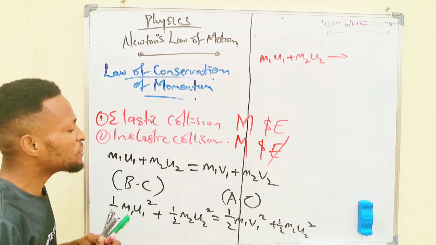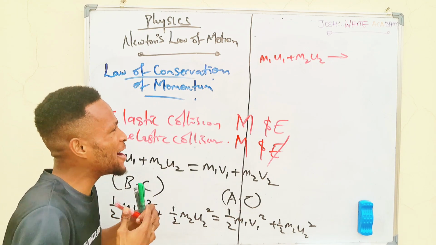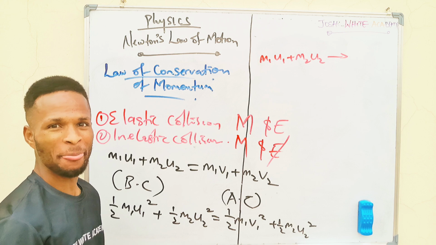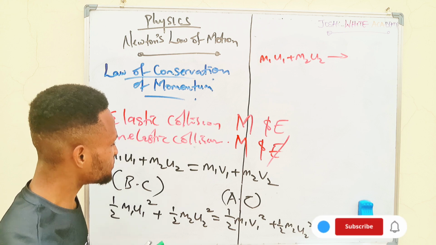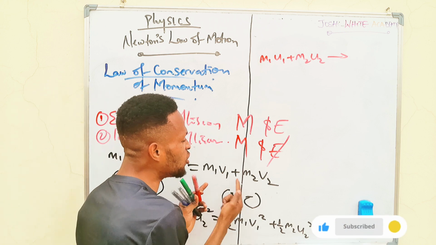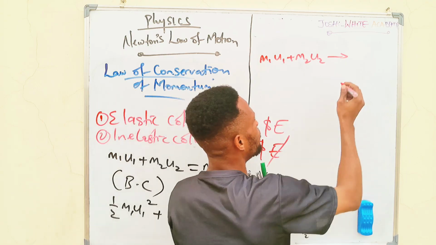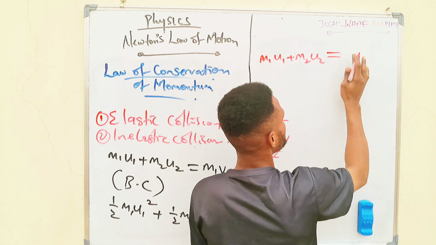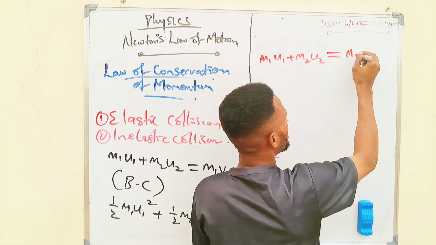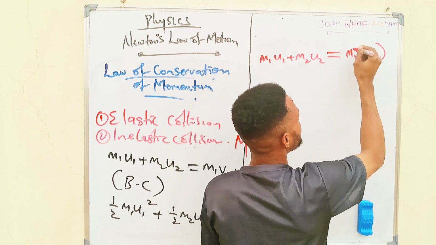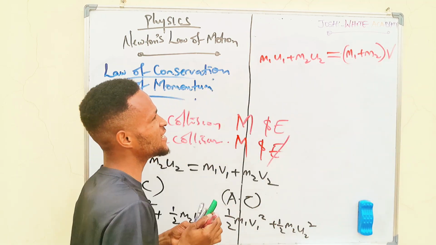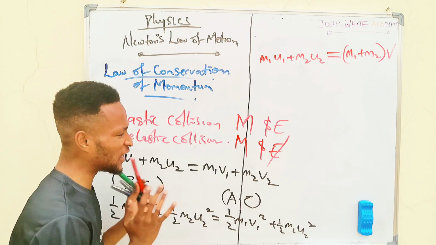The bodies stick together and move with a uniform velocity. So, in this case, our v1 and v2 are the same. So it will give us the formula equals (m1 plus m2) v, since they both have the same velocity.